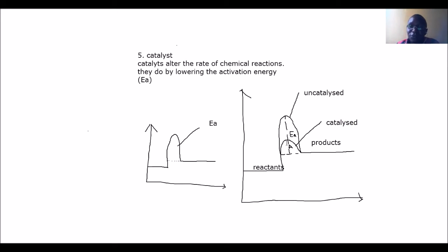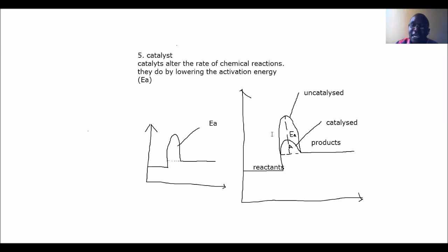Now, you can see from this diagram that a catalyst alters the rate of a chemical reaction by lowering the activation energy. So this activation energy is already lowered. I hope you can see that one now from your end.